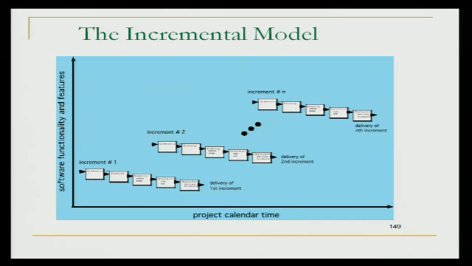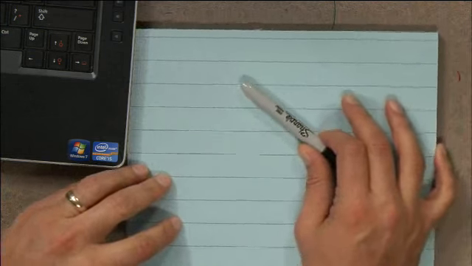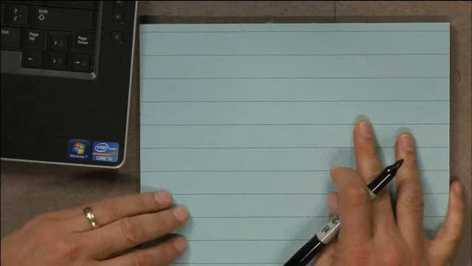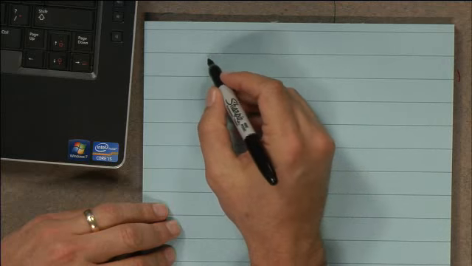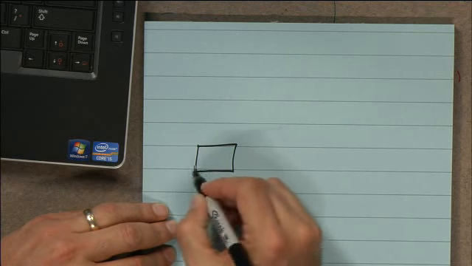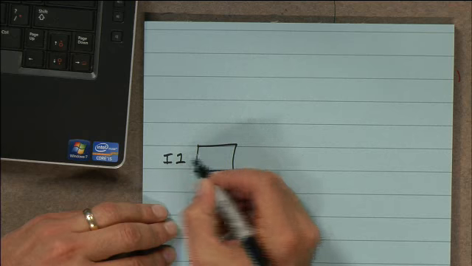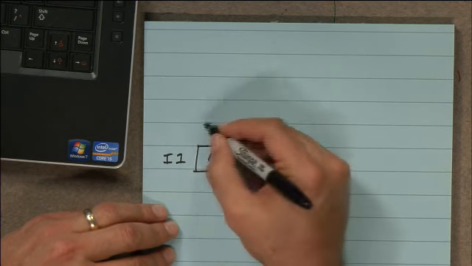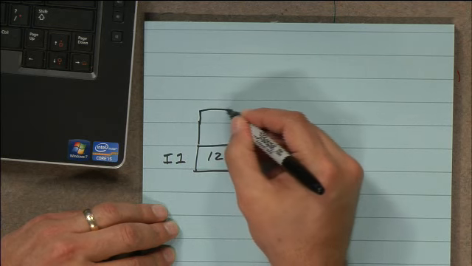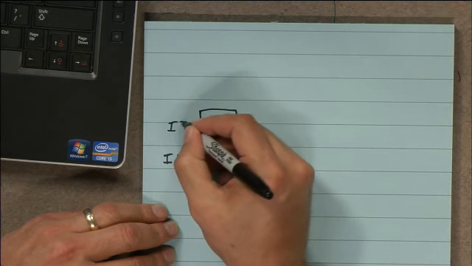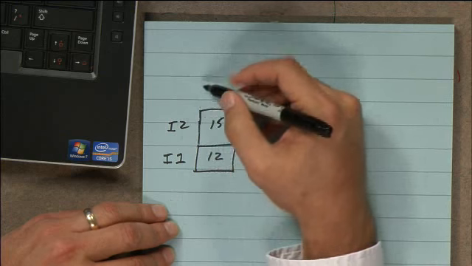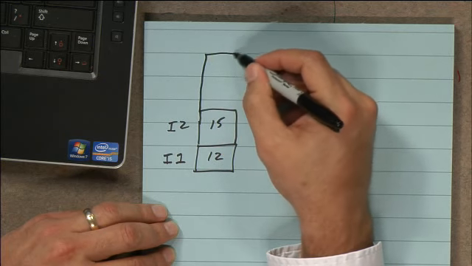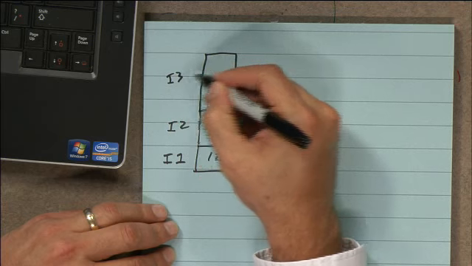So if I were, for example, collecting some data on this, let me go down and show you this. If I were doing some increment planning, I might say, okay, increment 1 is going to have 12 requirements. Increment 2 is going to have 15 requirements, and increment 3 is going to have 20 requirements.